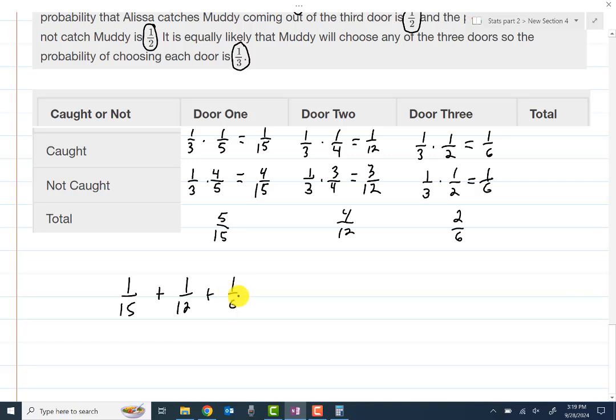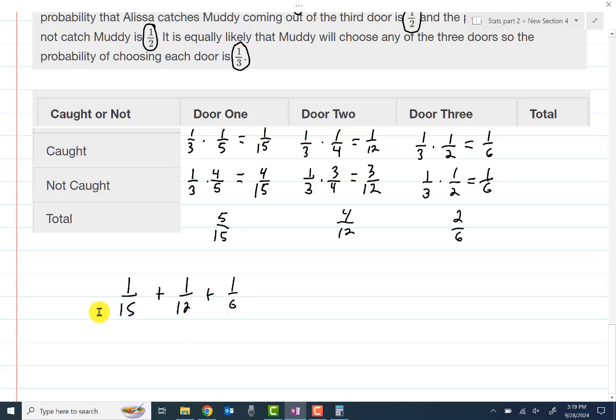What would work as a number that all three, 15, 12, and 6 would go into evenly? Well, it's too bad there's a 15 there, because if it was just 6 and 12, I would be in good shape, but I'm not. So I'm just going to do trial and error. If I double 15, I get 30. 12 does not go into 30, but 6 does, so I'm getting somewhere.